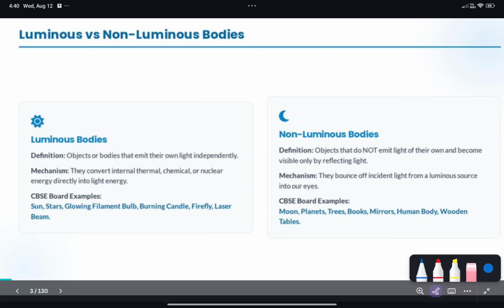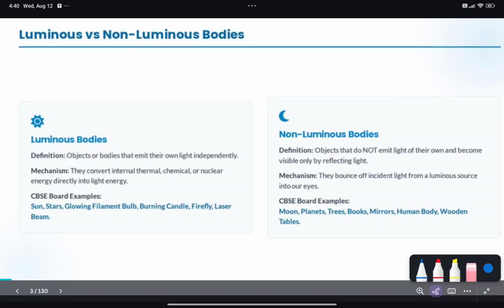Objects which emit light on their own. Yes, exactly. What are the examples for the luminous body? The planets. Right answer, that is no. Luminous bodies: planets do not emit their own light. See, listen.